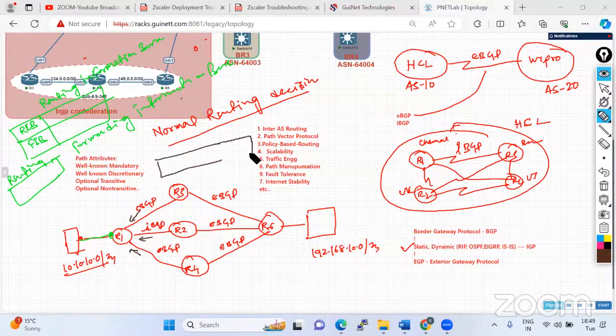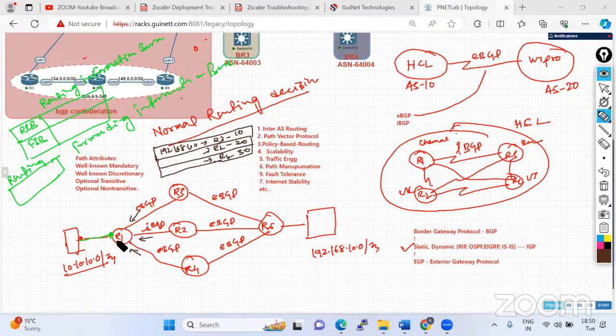R1 is saying if I want to go to this network, I have three next-hop entries: 192.168.10.0 can go via R3, via R2, or via R4. This one has, let's suppose, an AD of 10, this one an AD of 20, and this one an AD of 30.